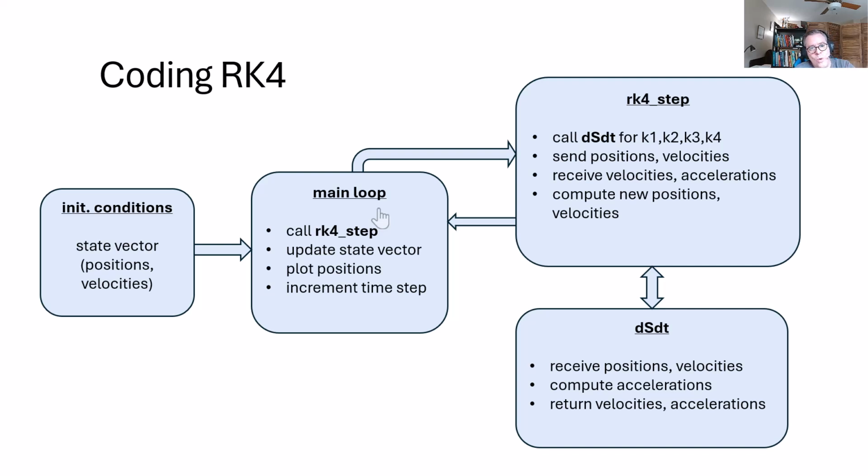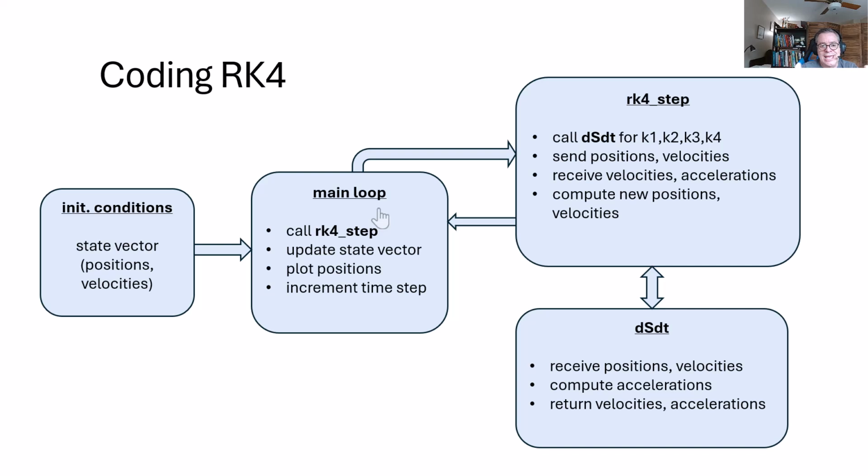So when I'm in the RK4 step, I'm going to send the current positions and current velocities to the DSDT. Now, DSDT only needs to know the positions in order to calculate accelerations, but I send it positions and velocities just because I want to keep all that information together. It was handy to do it that way. I compute the accelerations based on the positions, but then I return the velocities and accelerations back to the RK4 step.